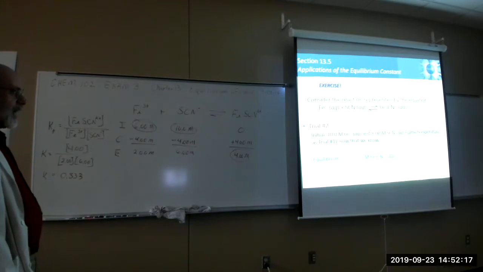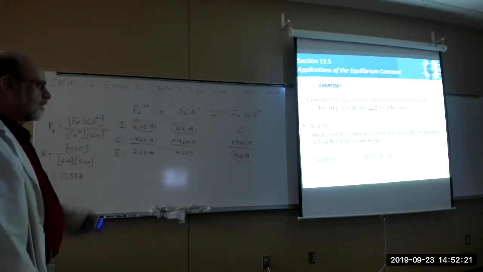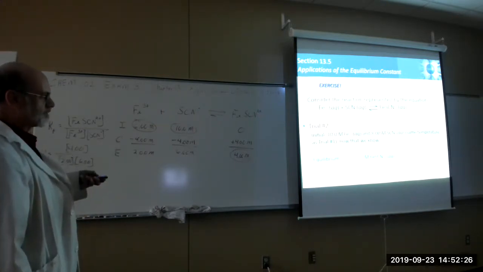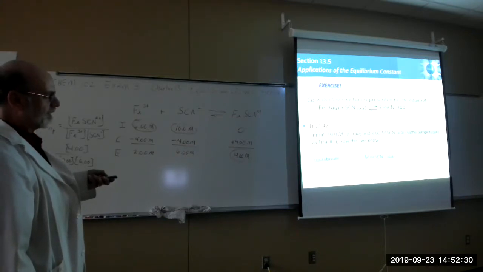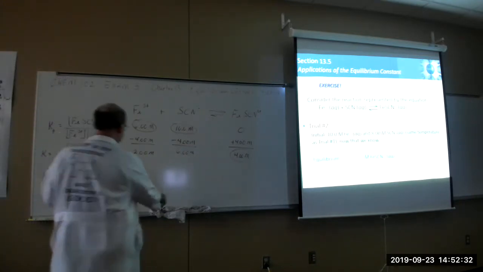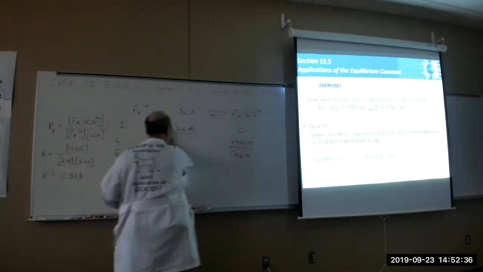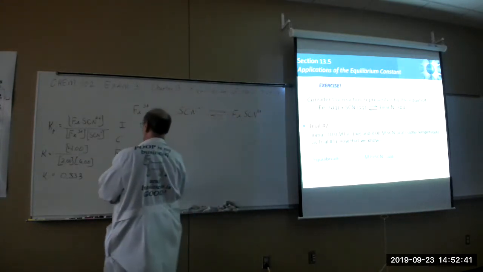Now that we know what K is, suppose we change the situation. Say our initial concentration of Fe3+ is 10 and thiocyanate is 8. So let's go in here and use the same ICE table, but with different values.